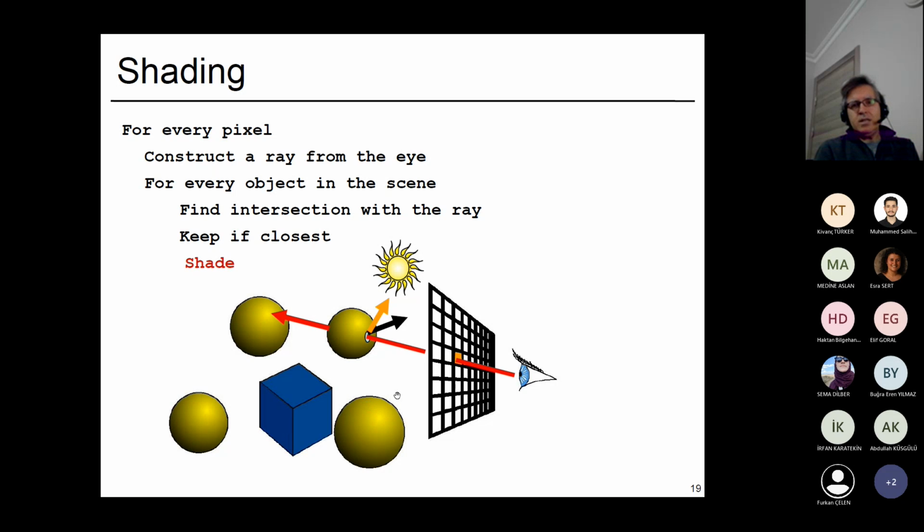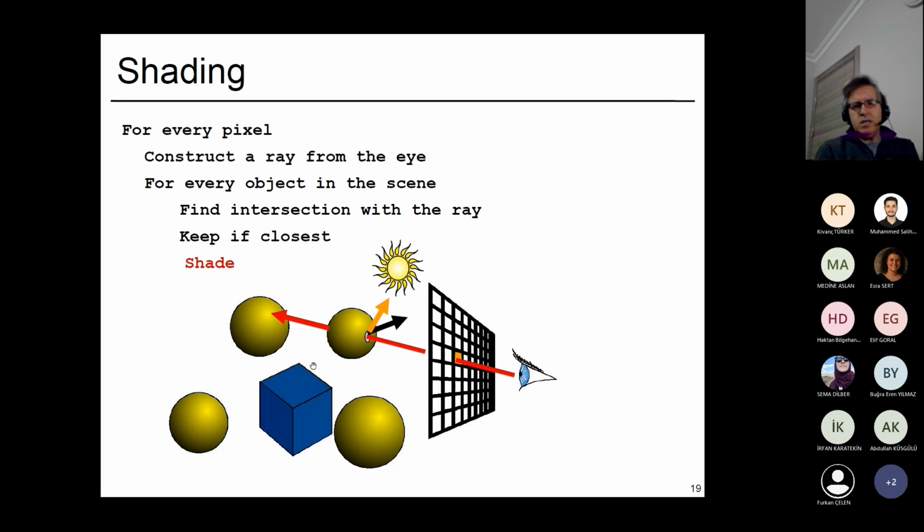So with complicated objects like this, or even basic shapes like these, they can create a lot of surface elements like triangles. And the rendering algorithm that we have seen will be processing all those triangles. There are techniques to remove them and so forth, but still your algorithm is proportional to the number of triangles in the scene. Here though, it's going to be proportional to the number of objects in the scene.